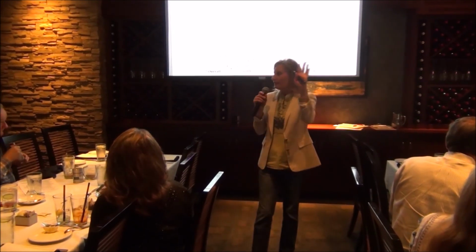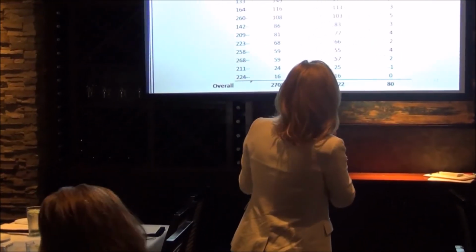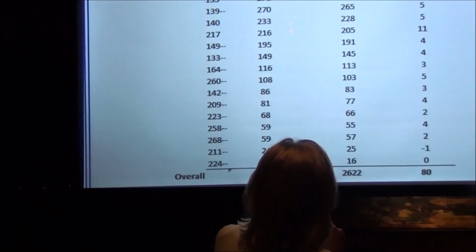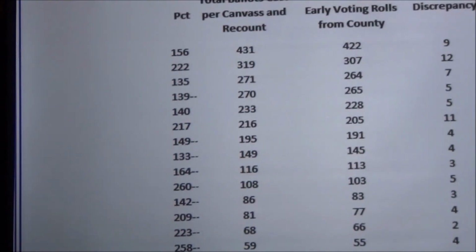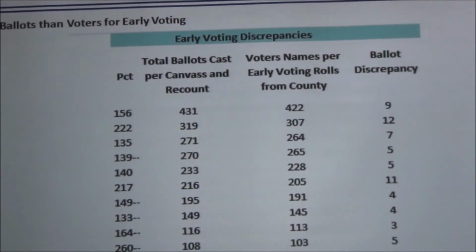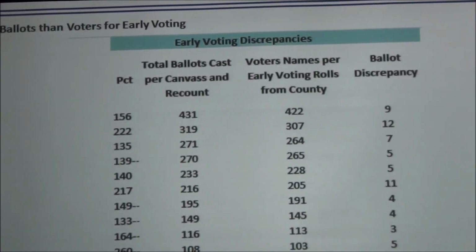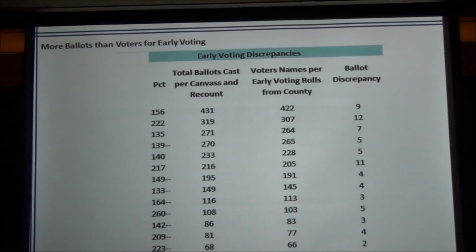Are you guys aware of the McNutt Cook case? Yeah. Where they had more ballots than names? Yeah. So did we, okay? In our election, there were 18 precincts. These are the total number of ballots cast during early voting and the number of voters' names reported by the county. Because with campaigns, you get the list of early voters and you don't go messing with them, you don't block walk them, you don't phone bank them, you leave them alone.